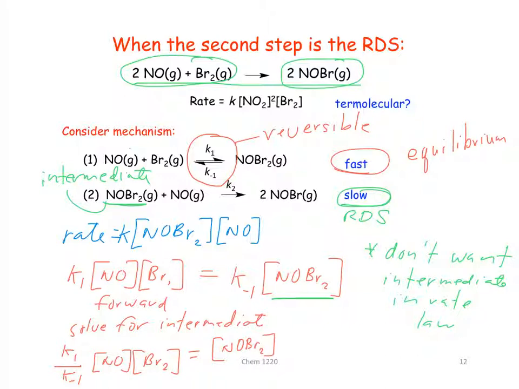Now you're wondering, why are we going through all this? This is really dumb. But what we're going to do now is take this value and substitute it in here. They're equivalent, so we're going to rewrite this rate law. We're going to go rate equals k.